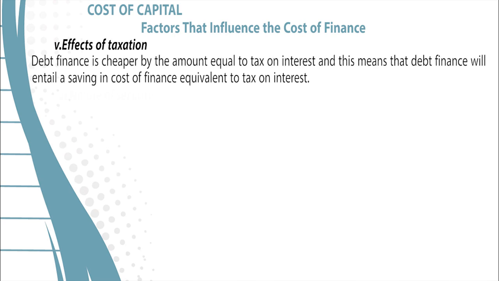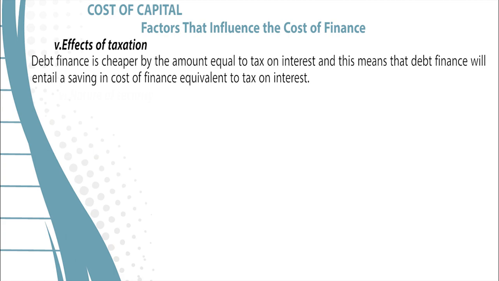Debt finance is cheaper by the amount equal to tax on interest, and this means that debt finance will entail a saving in cost of finance equivalent to tax on interest.